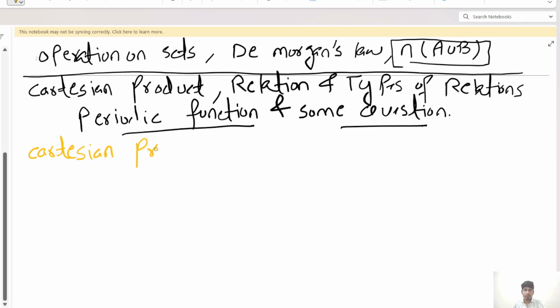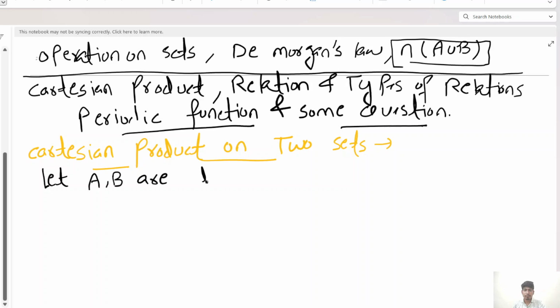Cartesian product on two sets. Let A, B be two non-empty sets.